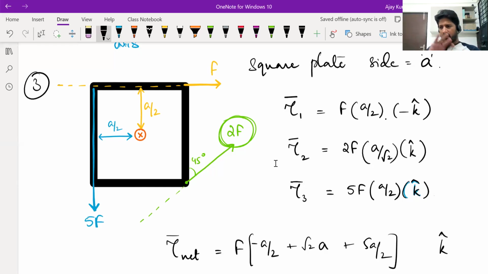Now see, all these forces were in the XY plane. You are asked to find out torque about the Z axis. So it was easy to visualize the perpendicular distance and all. Suppose any of these forces were not in the XY plane. Let's say they had a Z component also.